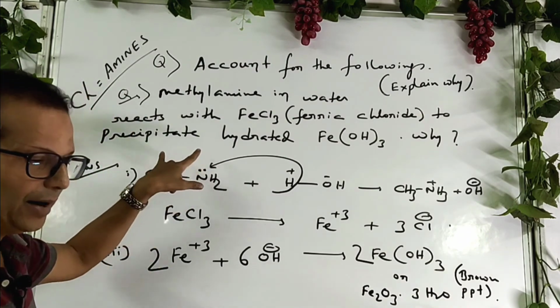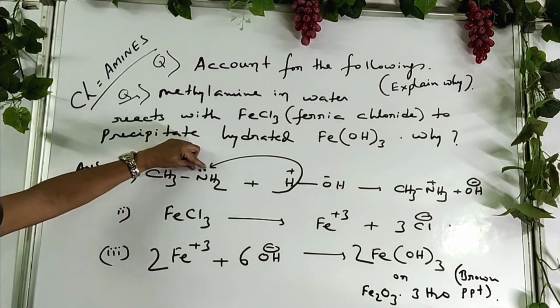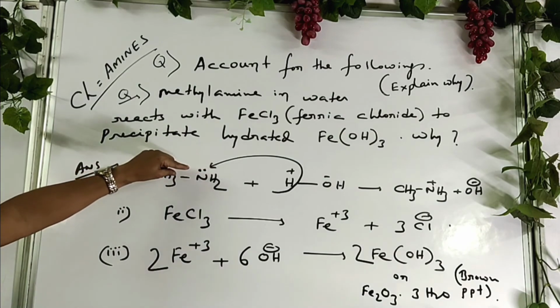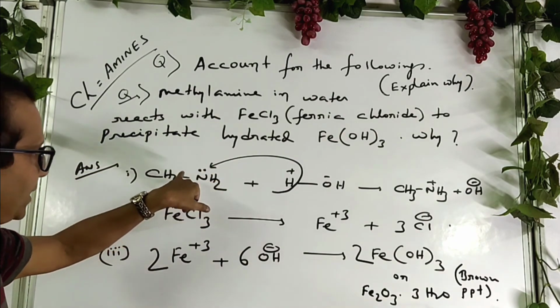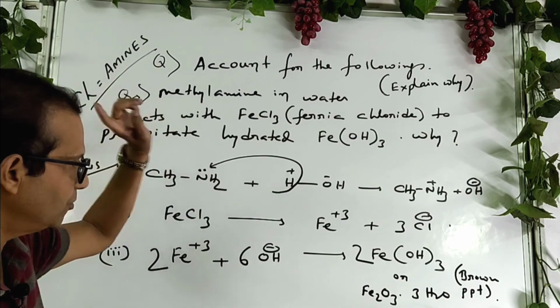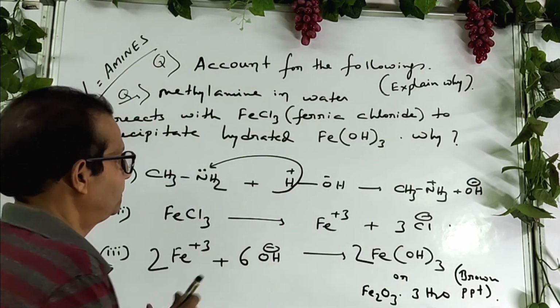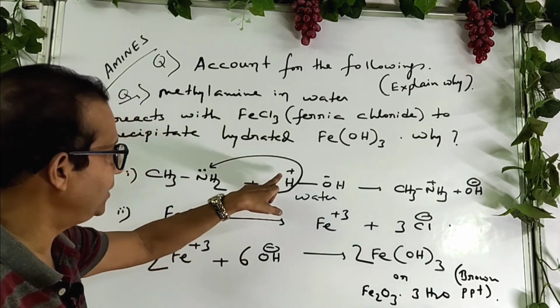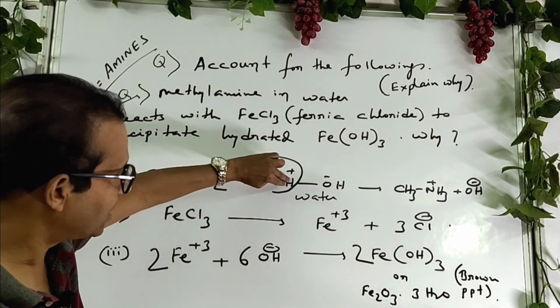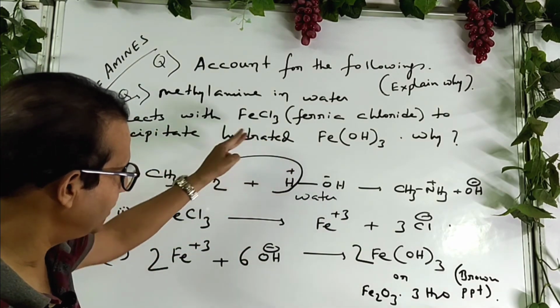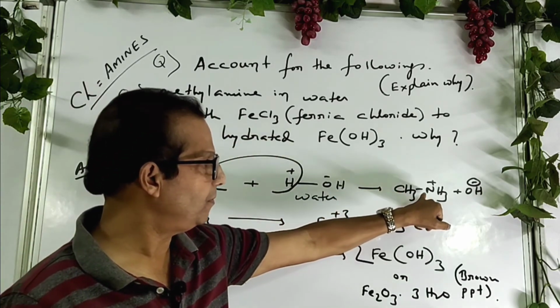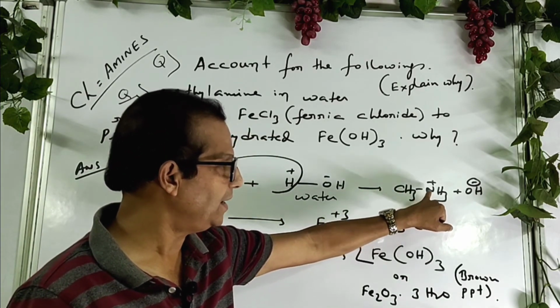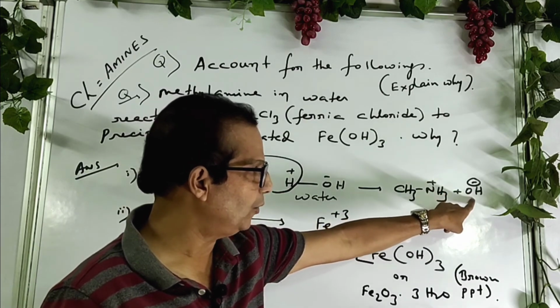Listen, methylamine has a lone pair of electrons on the nitrogen atom, and as methylamine is more basic than water, it attracts a proton from water to form methylammonium ion and OH negative ion.